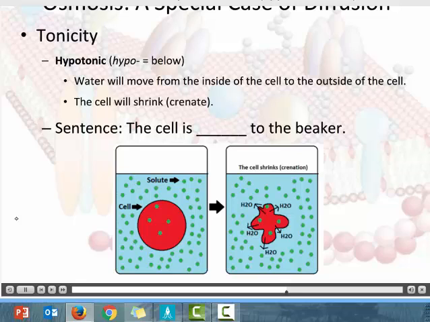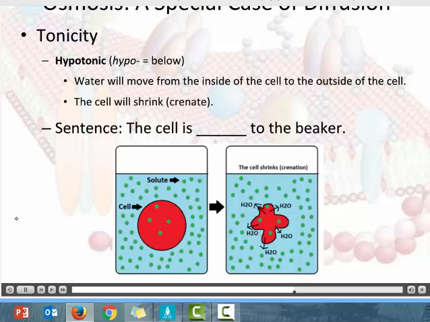Okay? So if our cell is hypotonic to the beaker, our cell will lose water and shrink. This can cause the crenation of red blood cells when your red blood cells are hypotonic to the plasma.